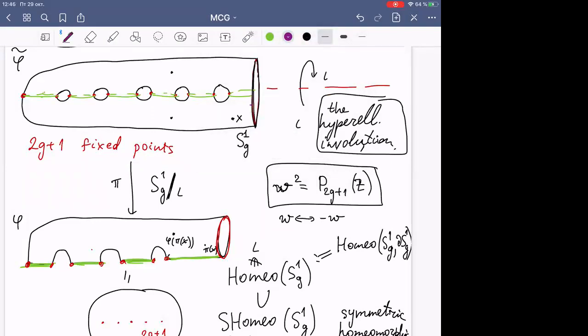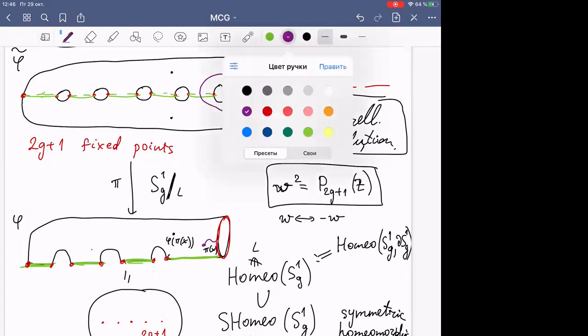I choose any curve, any arc from the boundary to the point x. Below, I see the curve from the boundary to pi of x.